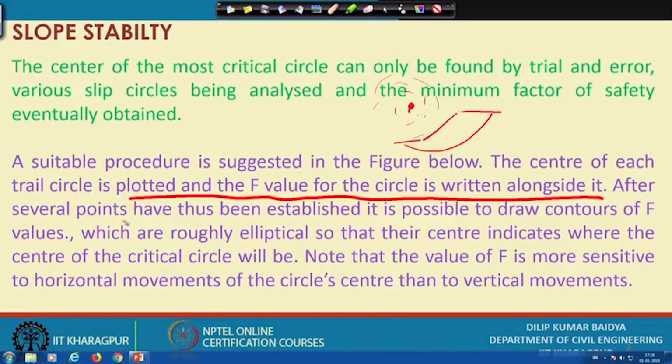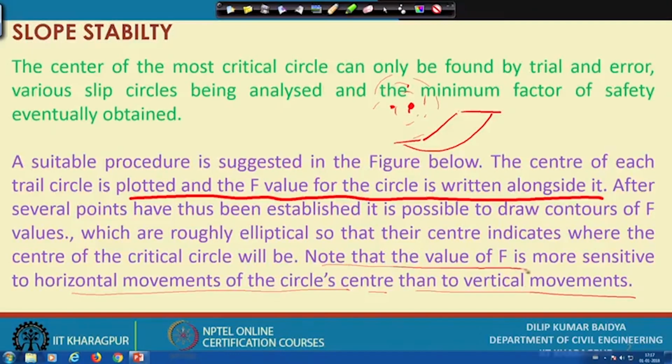After several points have thus been established, it is possible to draw contours of values which are roughly elliptical, so that their center indicates where the center of the critical circle will be. Note that the value of F is more sensitive to horizontal movement of the circle's center than to vertical movement. That means if I choose here, I can change the center in this direction or in this direction. That is what is mentioned.